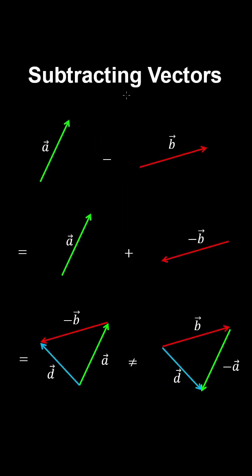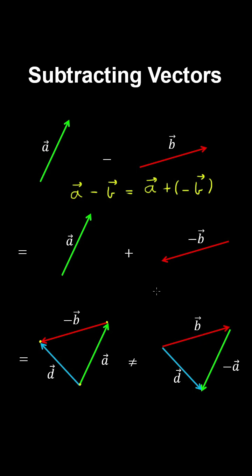Another basic vector operation is subtraction. Here we have vector a minus b, which is the same thing as negating b by multiplying b by negative 1 and adding this to a. Using the head to tail method, we can put the tail of the negated vector b on the head of vector a and draw the resultant vector from the tail of vector a to the head of the negated vector.